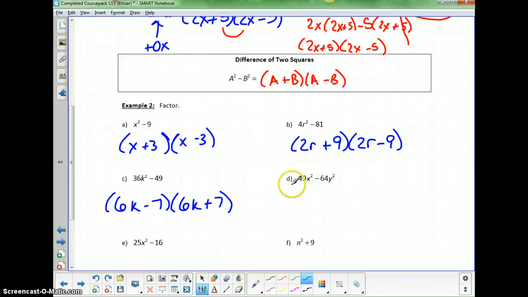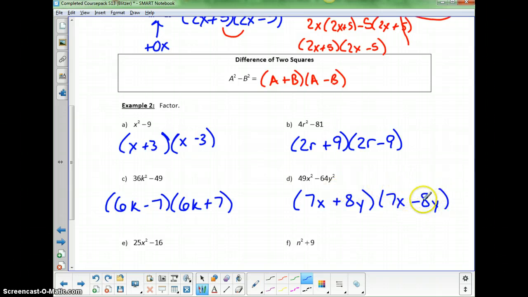Is 49 a perfect square? Yes, it's 7 squared. 64 is 8 squared. This is, again, perfect squares. So it's a difference of two perfect squares. It will factor into 7 squared, which is 49, so it'll factor into 7x plus 8y, and the opposite, 7x minus 8y.